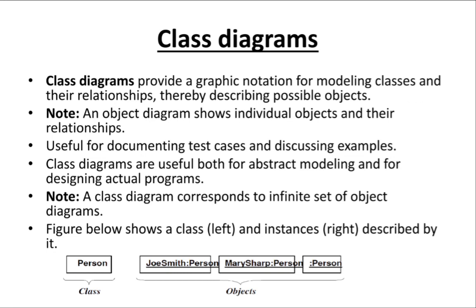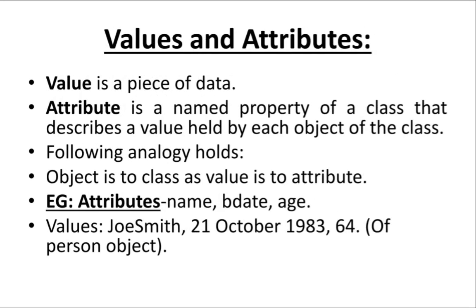For a person, what can be the attributes? Person name, person age, person identification number. These are all attributes. Attributes are the properties of a class. Each attribute will have a value. That's why each attribute describes a value held by the object of the class.